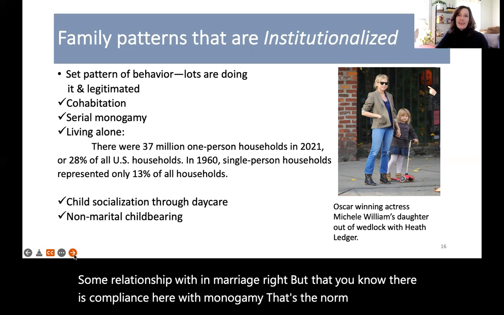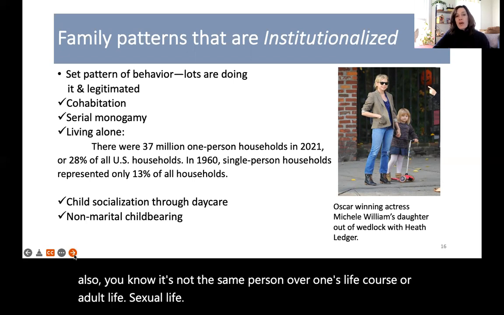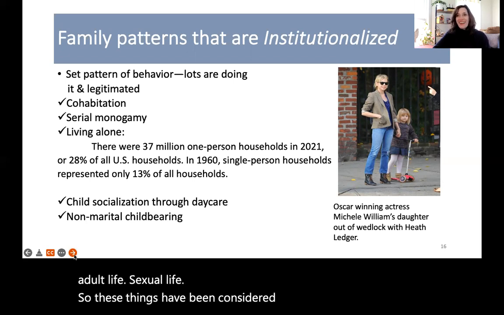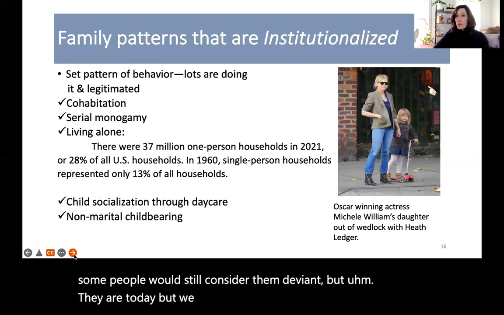But it's not the same person over one's life course or adult sexual life. So these things have been considered deviant, right? At one time, some people would still consider them deviant, but they are today what we would say have become institutionalized.